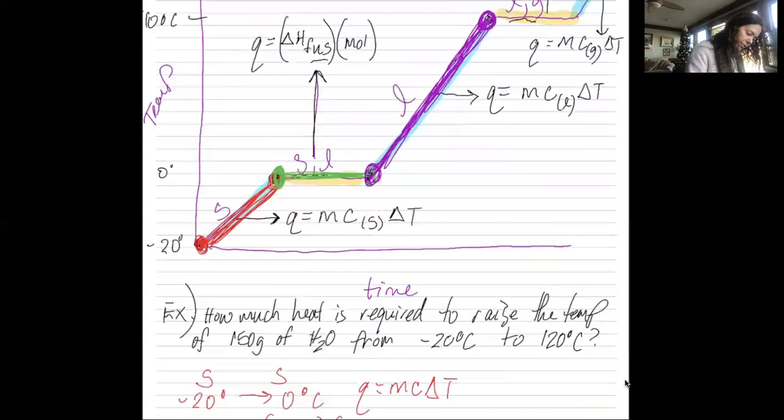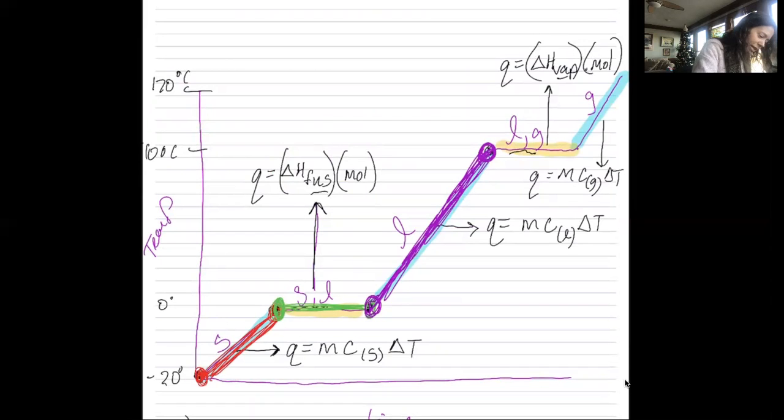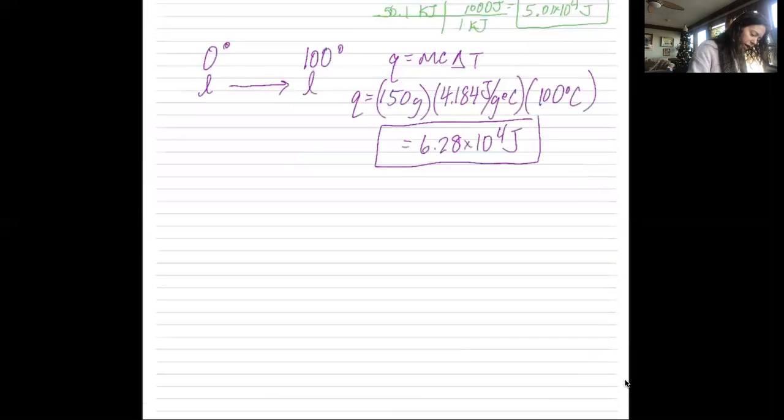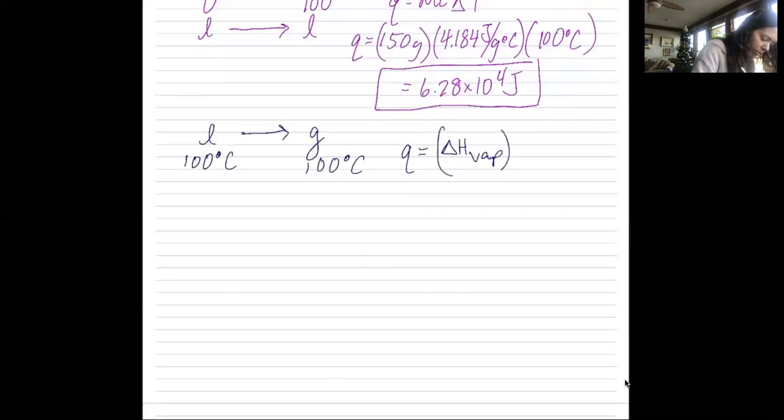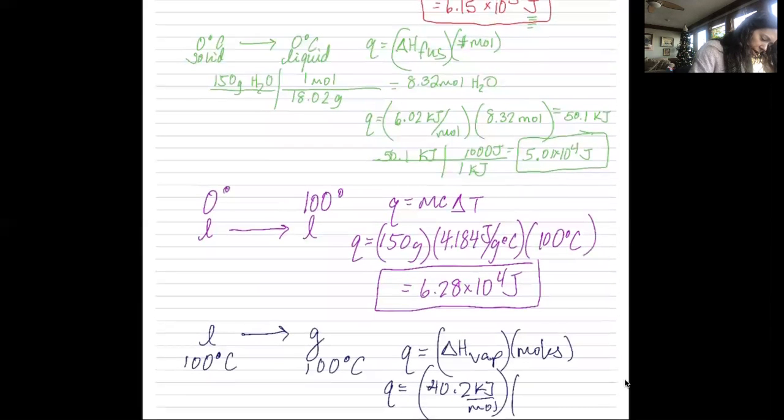Okay, let's go back up to our graph. Now we need to take that liquid and boil it, so we need to use our delta H VAP. We're going to go from our liquid at 100 degrees Celsius to a gas at 100 degrees Celsius. Q equals delta H VAP, because it's liquid to gas, times moles. Q equals 40.2 kilojoules per mole, a constant, times our number of moles, which we calculated up above as 8.32.